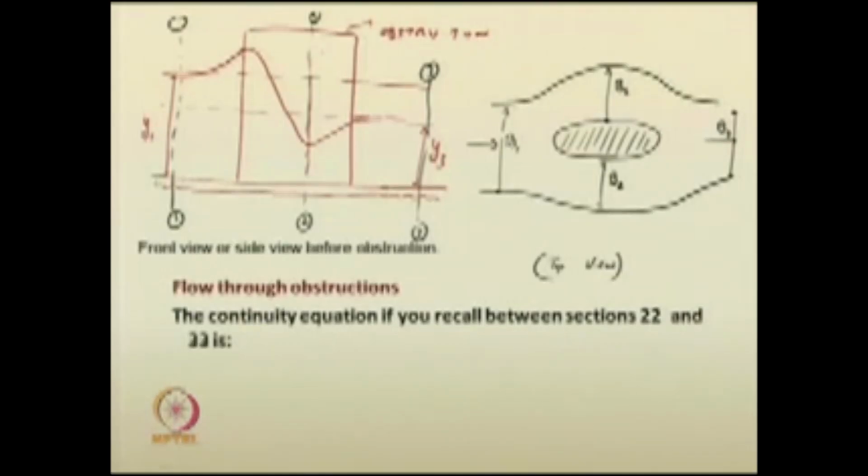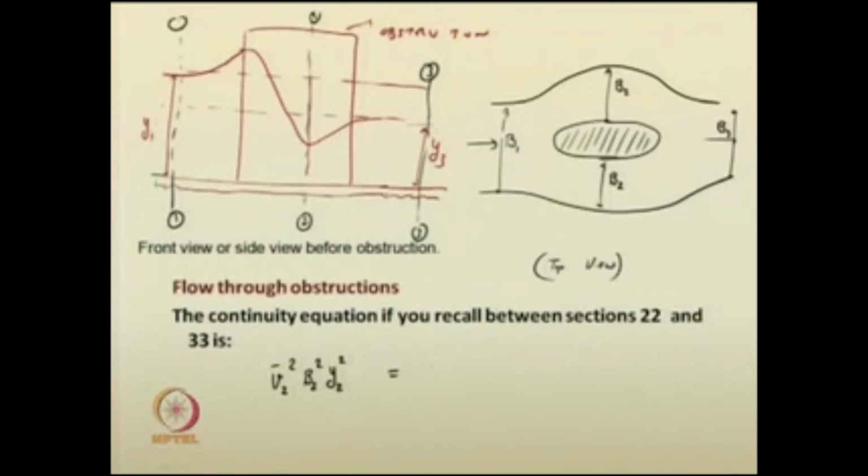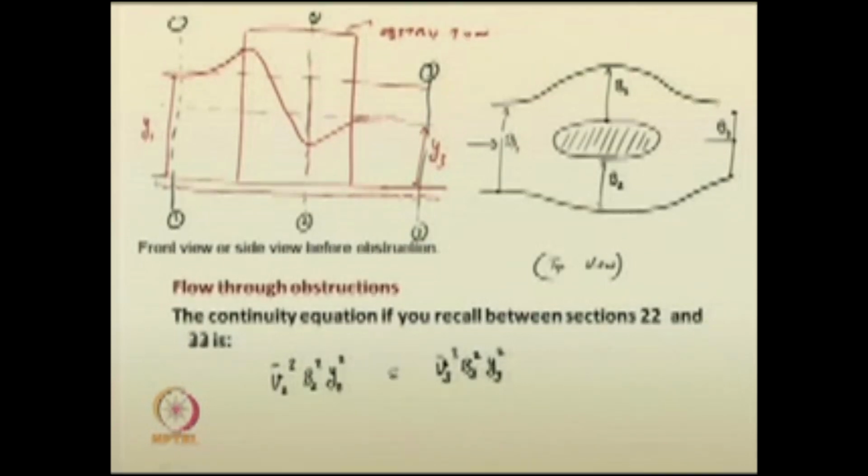Between sections 2-2 and 3-3, we had derived the continuity equation as V2 y2 equal to V3 y3. We had stopped at this location, so today let us continue the same aspect.